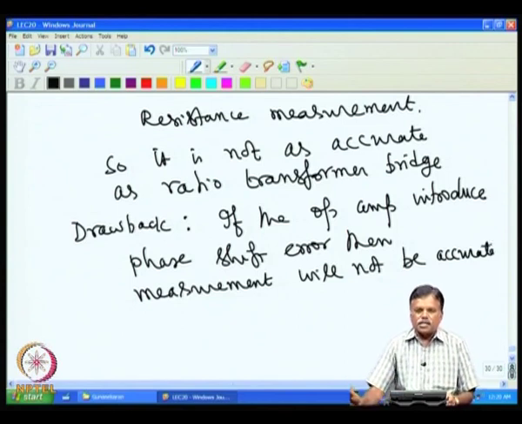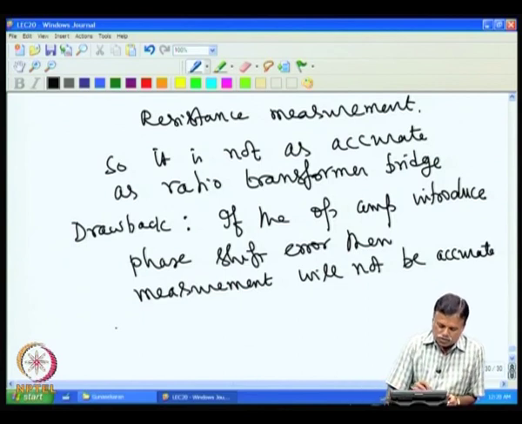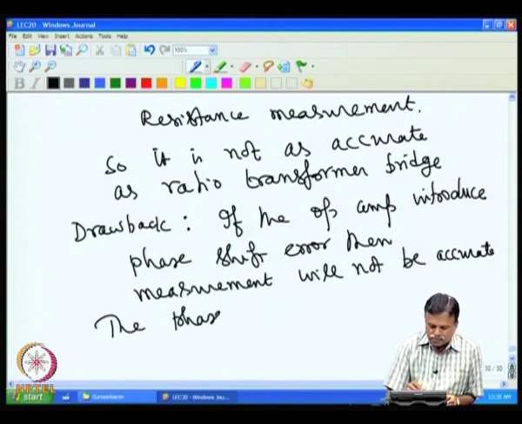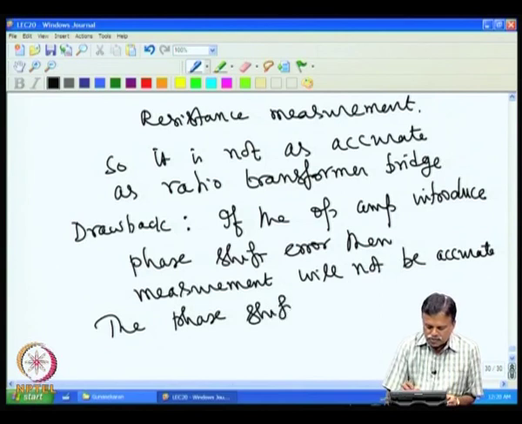That means we have to see that the phase shift produced by the op amps is very small. So, for this to work, make sure the phase shift introduced by the op amp should be very small.